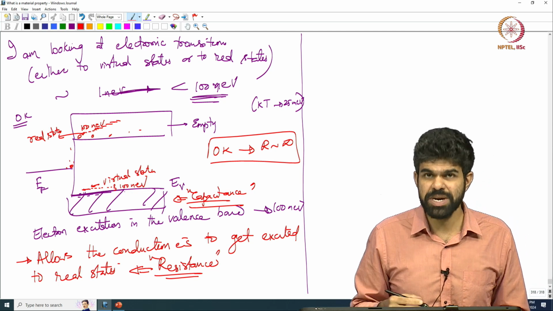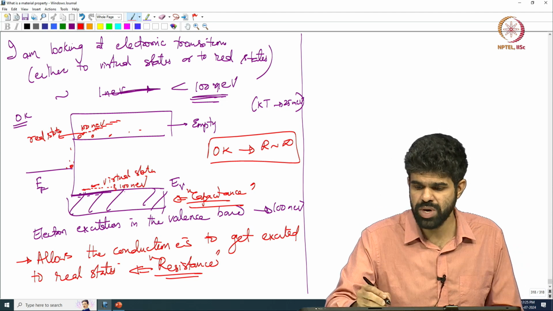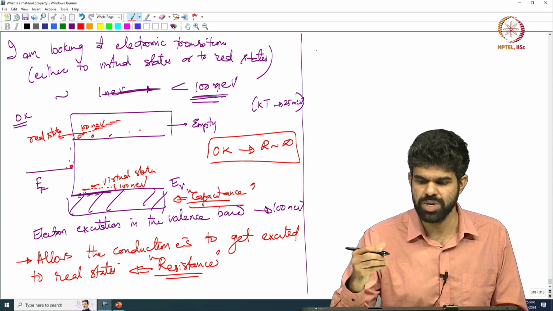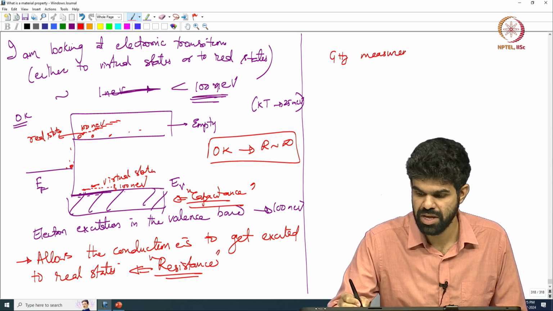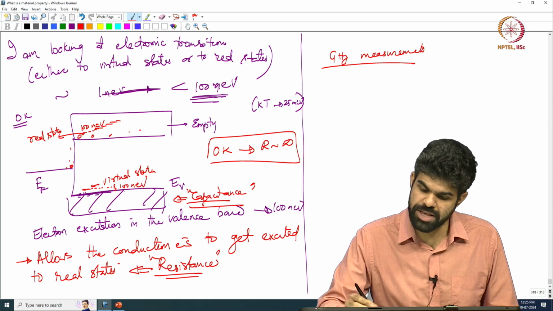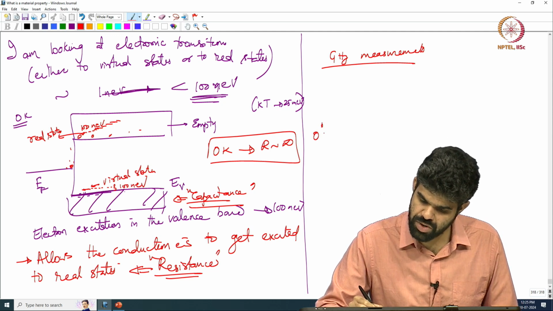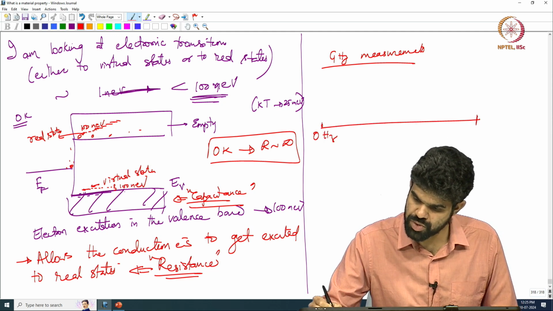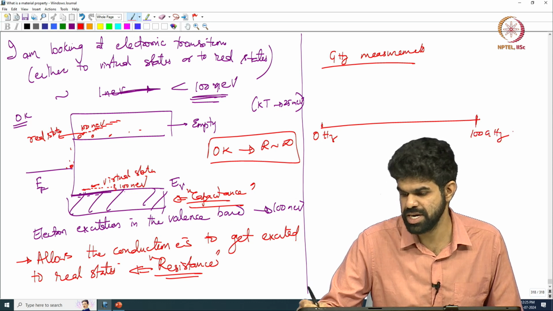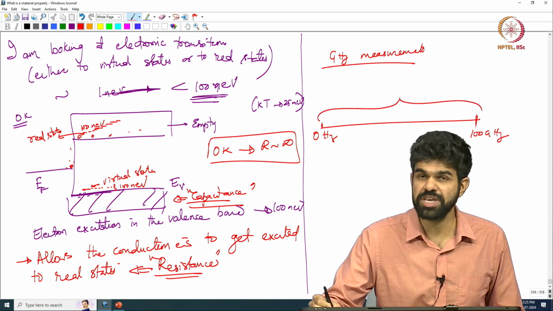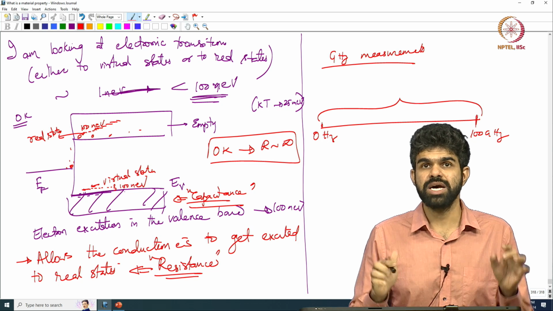Now, impedance spectroscopy ideally, so any sort of electrical measurement that you do, even people do what are called gigahertz measurements, all the way from 0 hertz up to something like 100 gigahertz. In this sort of frequency spectrum you can just apply probes.